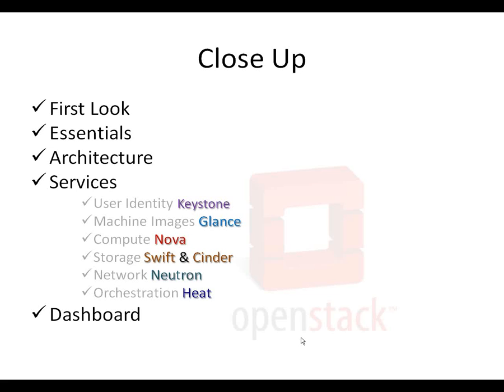Neutron has a number of advantages. Over at AWS, they call it VPC, virtual private cloud, a part of the public cloud. So you just have your network over there. And Heat, they have the CloudFormation system.